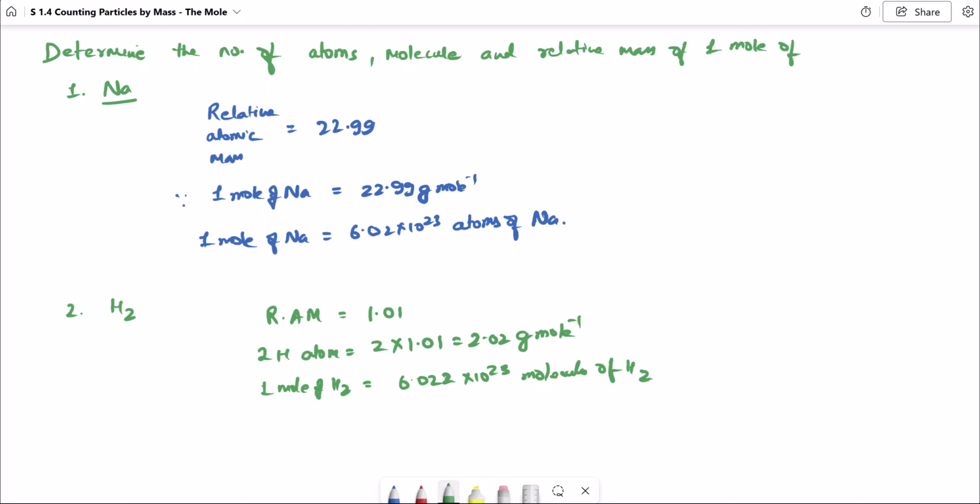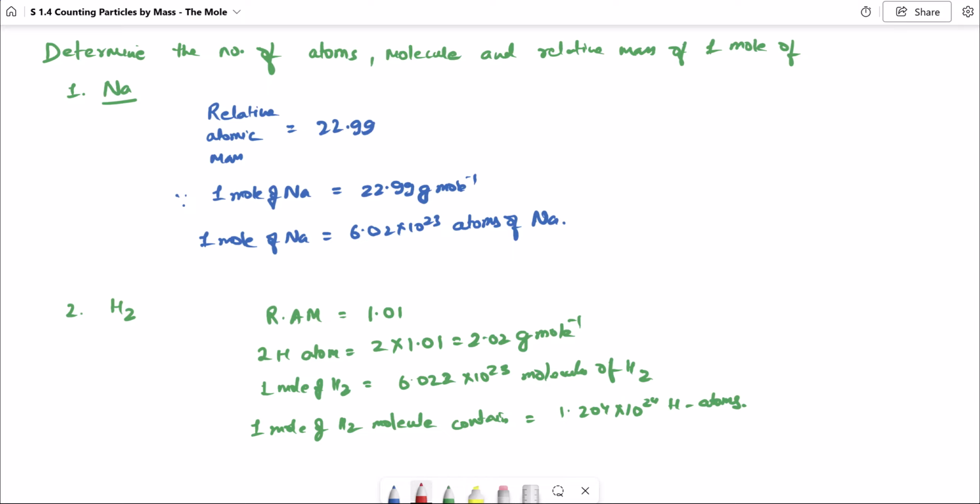However, since there are 2 hydrogen atoms in each H2, 1 mole of H2 molecules contains 1.204 into 10 to the power 24 hydrogen atoms.